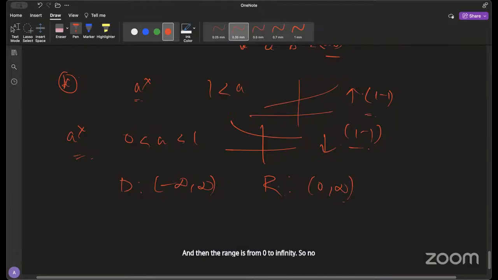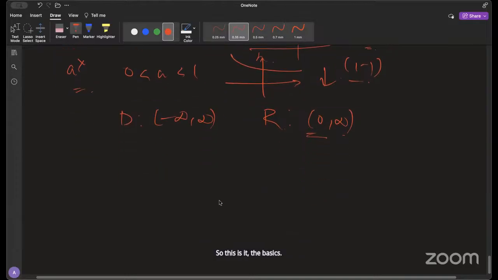No matter what your a is, we can see it from here as well, a to the power x is always greater than 0 for all x and for all a. Unless you're taking something not real; but when it's real, it's obviously positive. So this is it, the basic things about exponential functions.